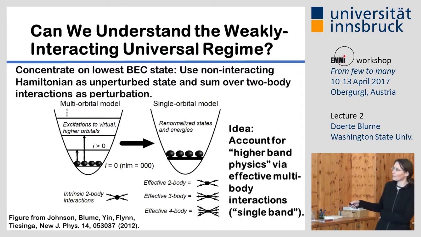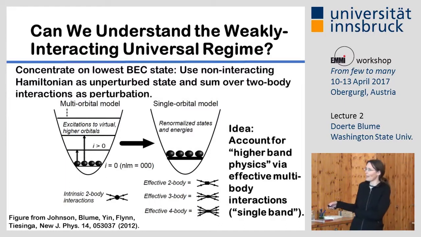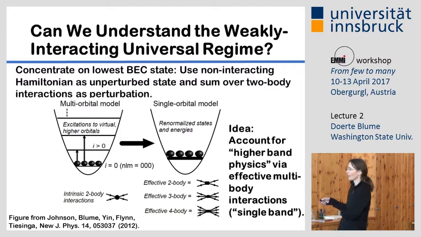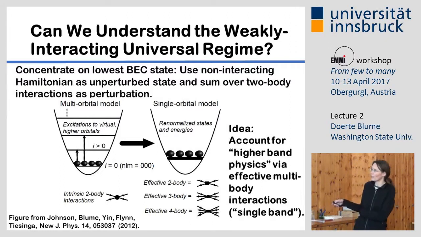And the idea is to go from this picture here, where we have these bosons that interact, and due to the interactions there can actually be contributions of the excited state orbitals, to an effective single-mode picture, where we only have the lowest mode in our system, but instead have effective two-body interactions, effective three-body interactions, and effective four-body interactions.